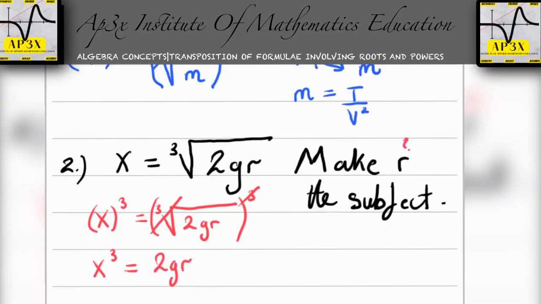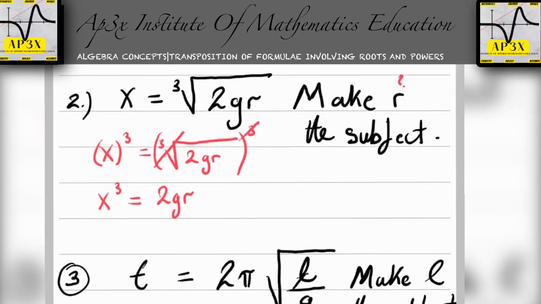The target here is to get r by itself. In order for us to isolate r, we have to divide both sides of the equation by 2g. So we're going to have x cubed, and we're going to divide this side of the equation by 2g, because we do not want 2g to be on the right side of the equation.